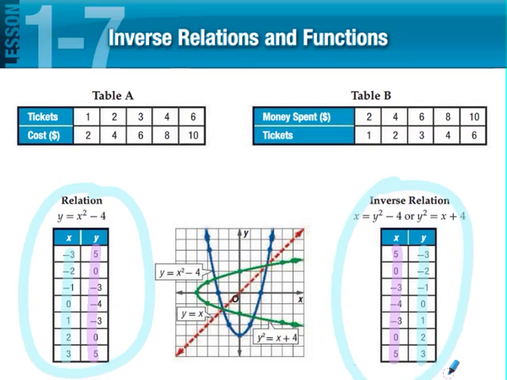If I were to fold the blue graph over the red line, imagine I take my paper and fold it over, that will give me the green graph. And vice versa, it works both ways. That's the thing about inverse functions: they are reflected along that red line.